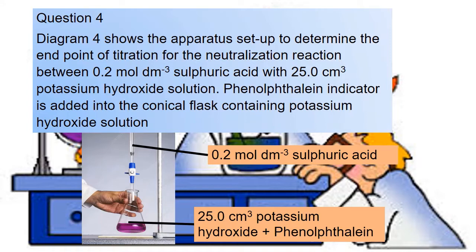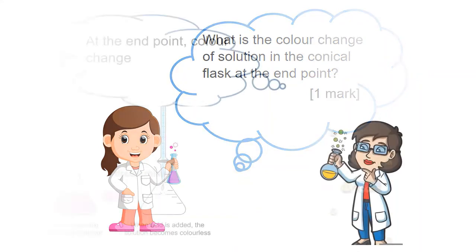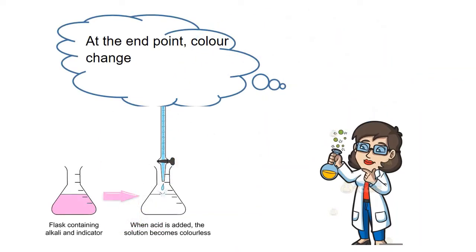Phenolphthalein indicator is added into the conical flask containing potassium hydroxide solution. What is the color change of the solution in the conical flask at the endpoint? At the endpoint, the color changes from pink to colorless.